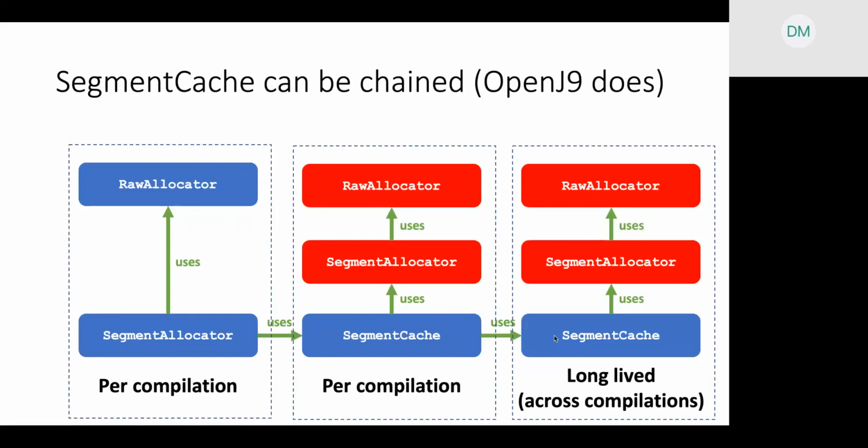So the segment allocator decides whether or not to delegate to a cache based on whether it was constructed and told to have a cache. Right, okay. So arbitrary complexity is probably possible. Possibly not warranted. That answers my question.